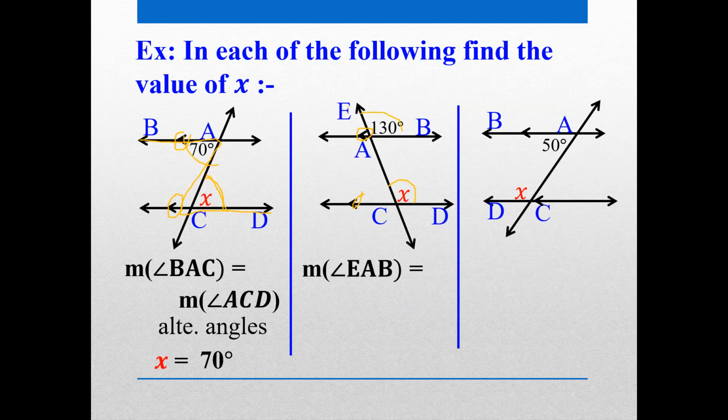The relation between EAB and ACD is what? The two angles are corresponding angles, the letter F, inverse of letter F. Right. So angle EAB equals angle ACD equals 130 degrees, corresponding angles.